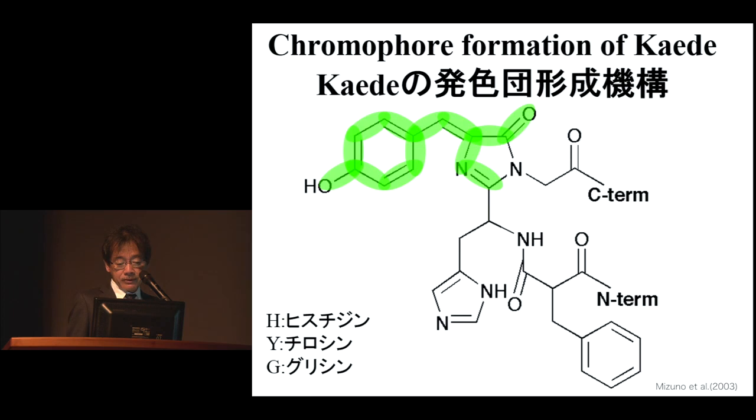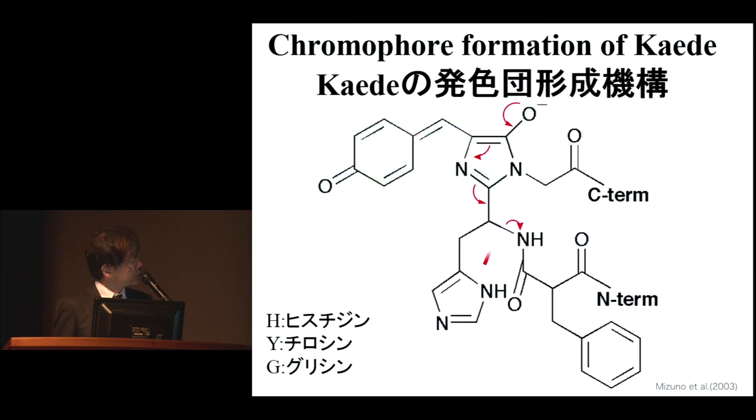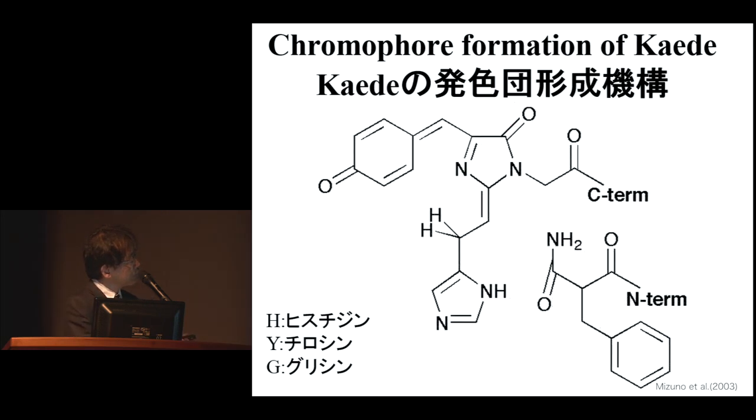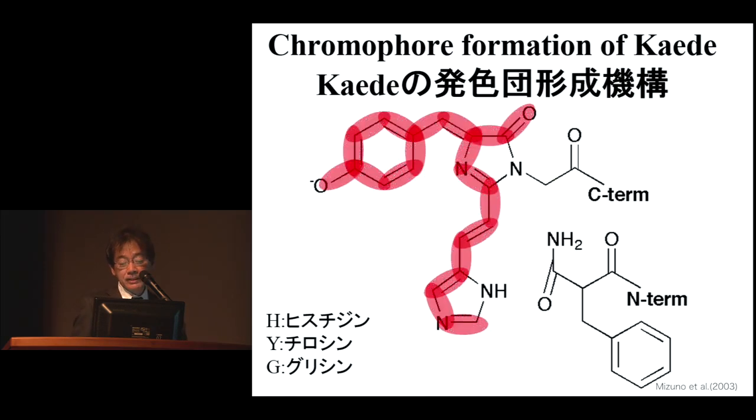And then UV irradiation brings about a change in charge distribution like this, and cleavage of the peptide main chain. So this is a beta elimination reaction. The leaving group is a carboxamide, the proton is removed, and a new double bond is introduced here, which connects the imidazole ring of the histidine to the original green chromophore. And now the pi conjugation is beautifully expanded. So when we reached this conclusion, we were super excited.